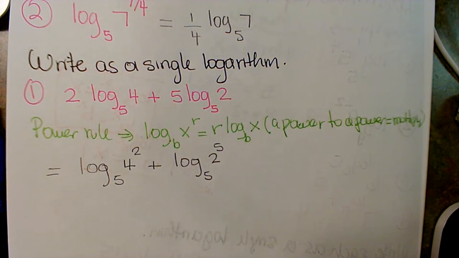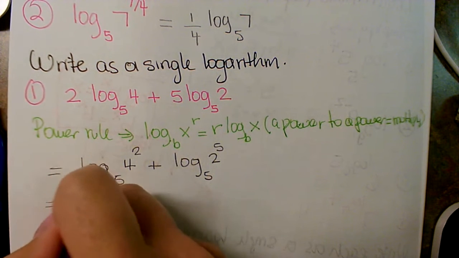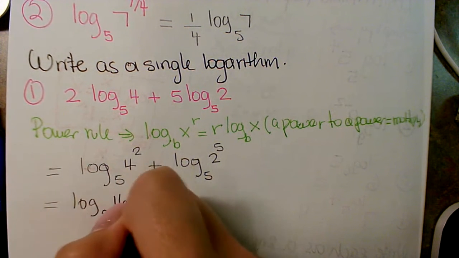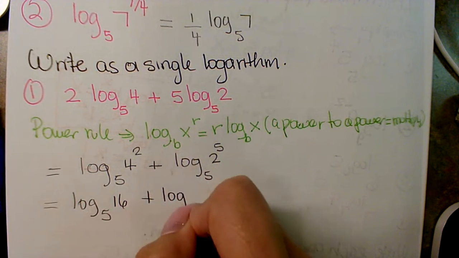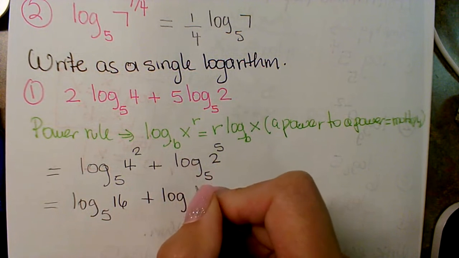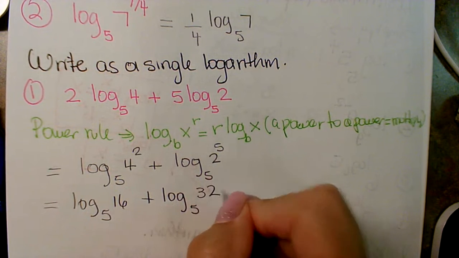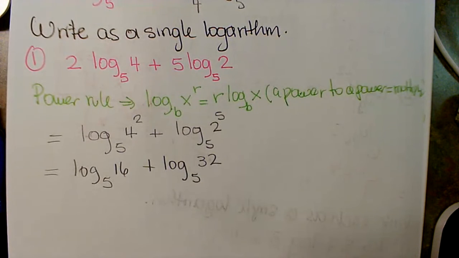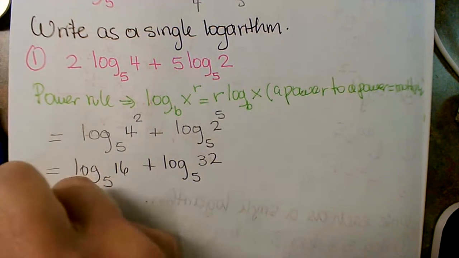Now we know this is what? 16 plus 2 to the fifth power. That's 32. Now we're going to apply the product rule.